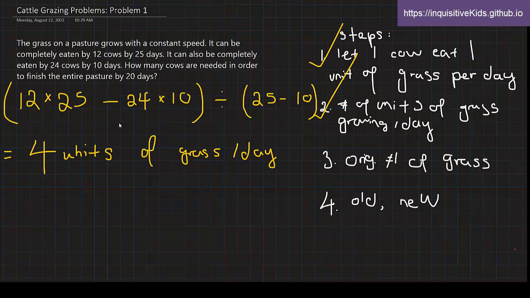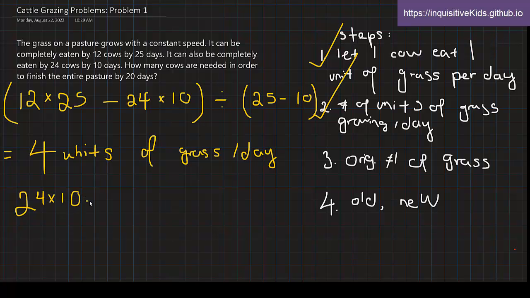In order to find the original number of grass, you would first multiply the number of cows with the number of days eaten. So let's take the second scenario. You could do either way, but I'm going to do the second scenario. So you're going to do 24 times 10, right?